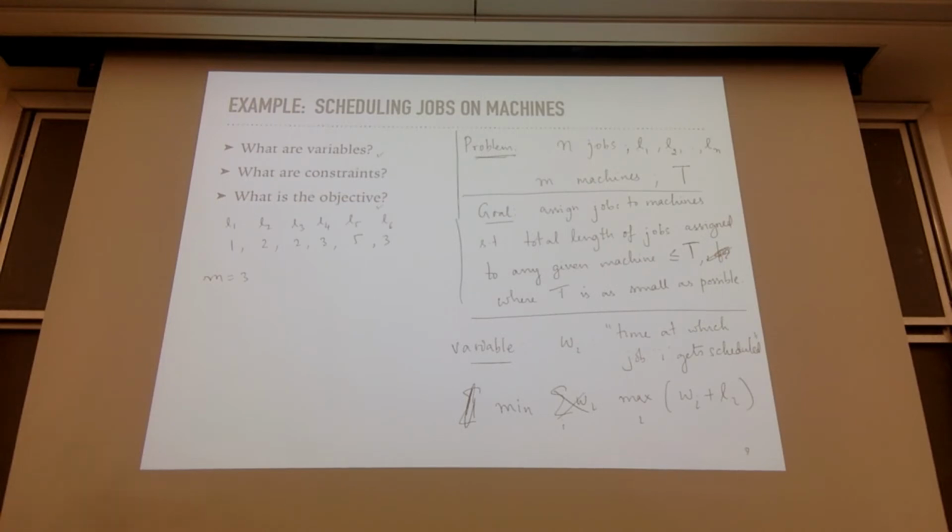Somebody solving this optimization problem could hypothetically set W1 equals W2 equals all of these equal, and this would achieve a reasonably small objective value. But of course, you know intuitively that this is not possible. So how do you add constraints so that you prevent a solution like this?